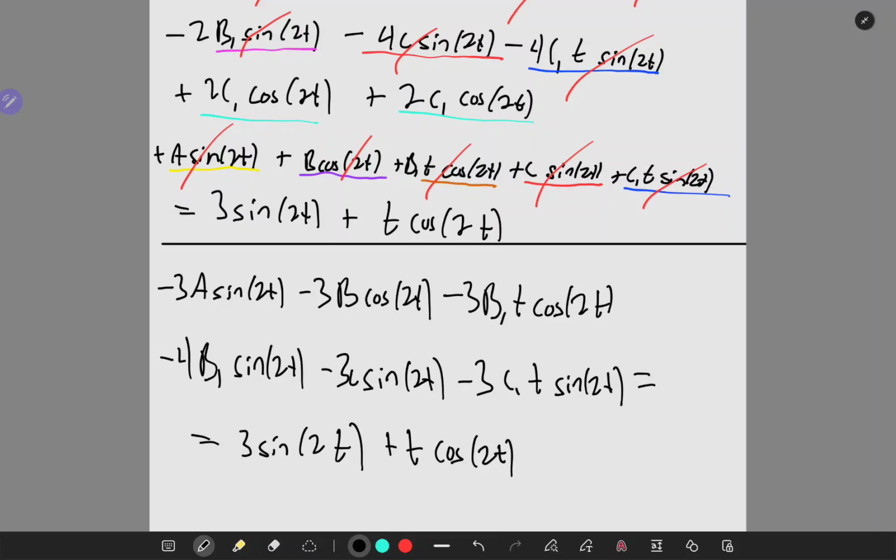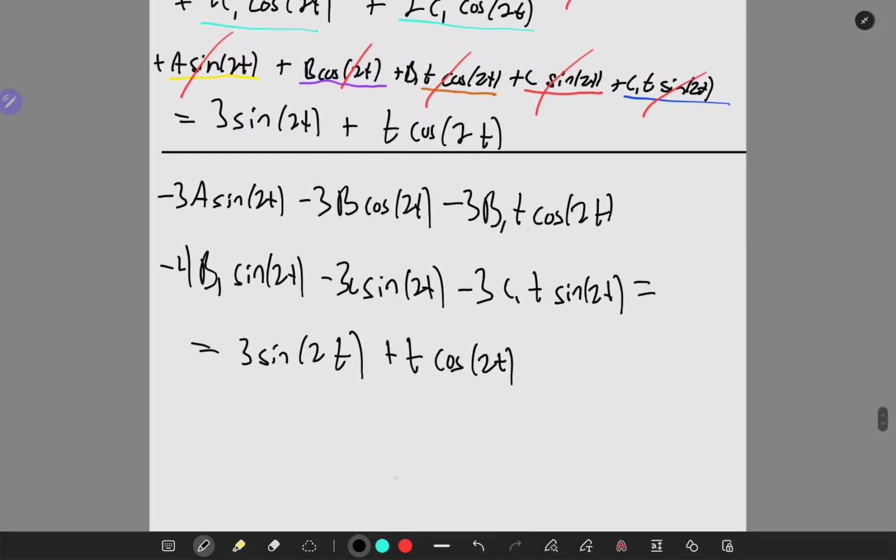So now we're going to equate. We're going to look at this here and this here and see if they match anything. So let me do this one in green. So sine of 2t, sine of 2t. That's it. Oh, and this one here. And then we have this t cosine of 2t, just this one here.